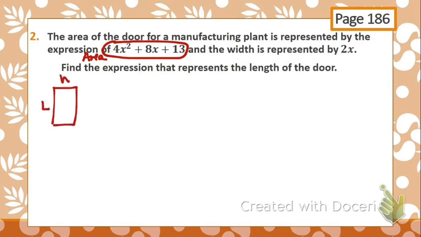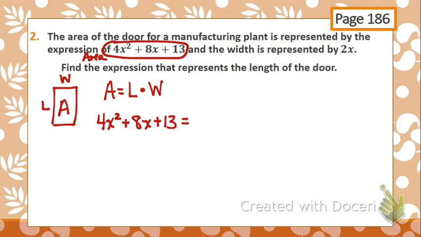Length times width. So area equals length times width. I already know that there's a 4x squared plus 8x plus 13 equals something, because that's my area.